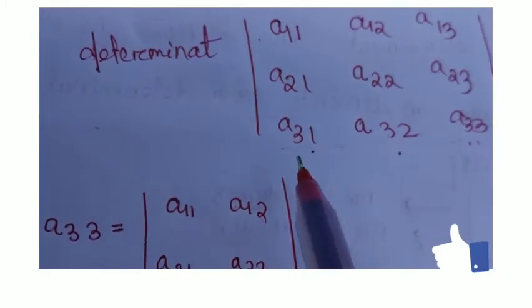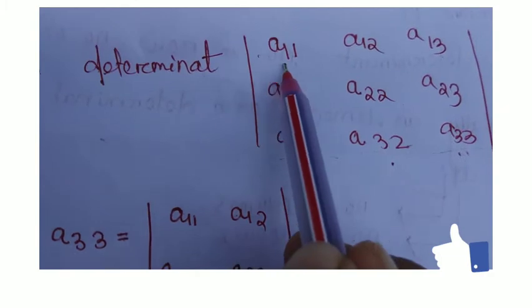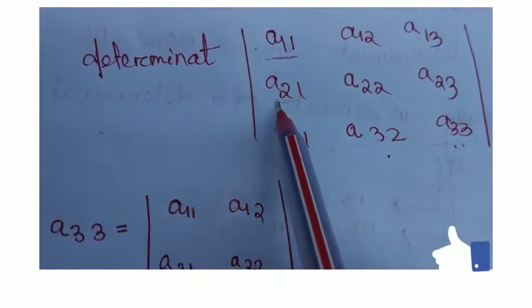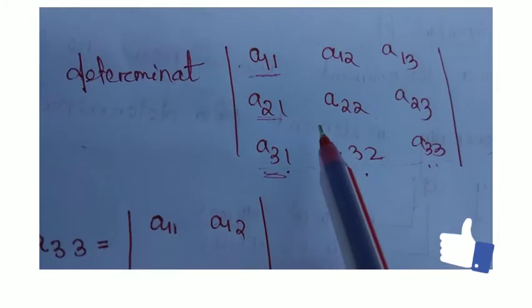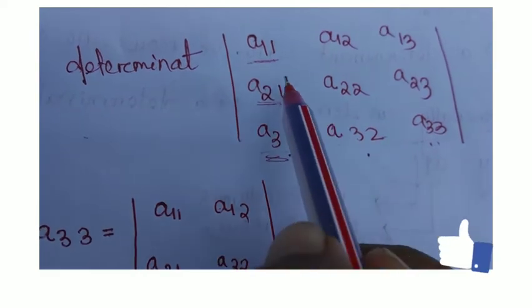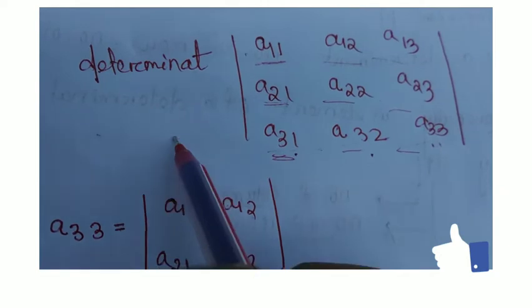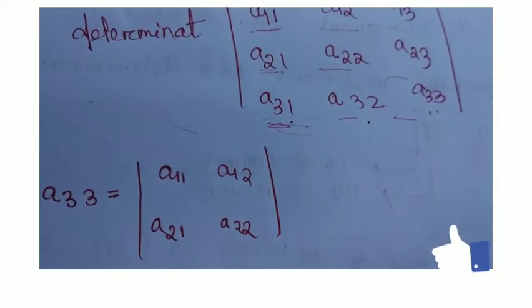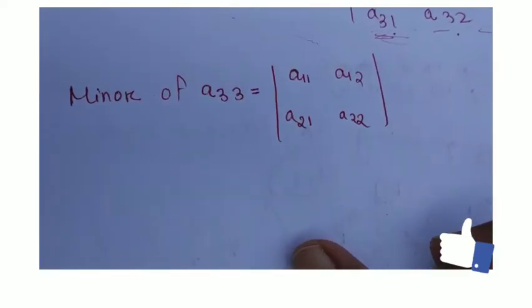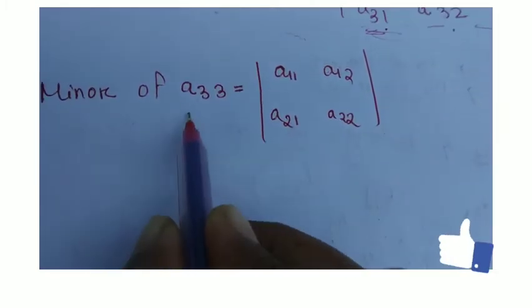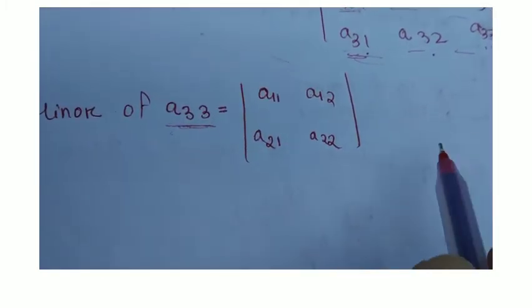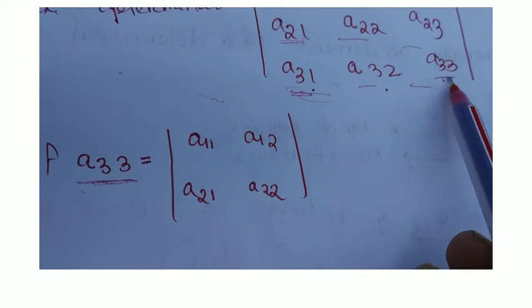So first we can find the minor of this element and this also. Then we can find the minor of the whole determinant. Example, minor of a33.